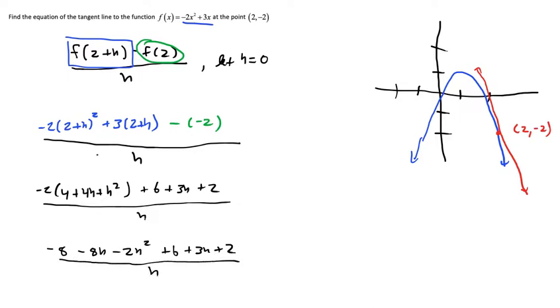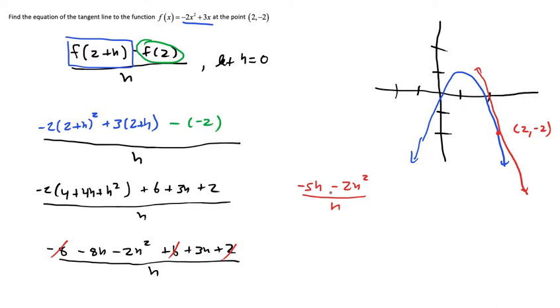So let's see what's going to cancel out here. Negative 8 plus 6 is negative 2, and then plus 2, so all of these cancel out. Negative 8h plus 3h is negative 5h, so negative 5h minus 2h squared, all over h. And then what's going to happen here?